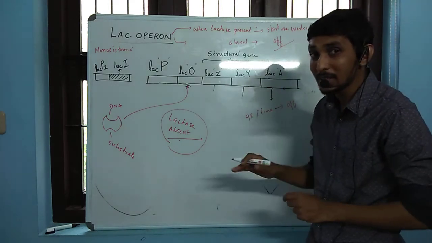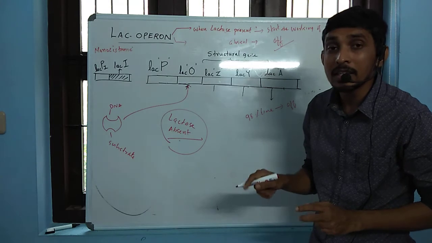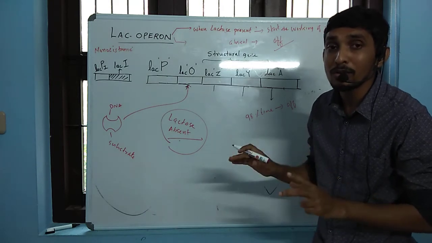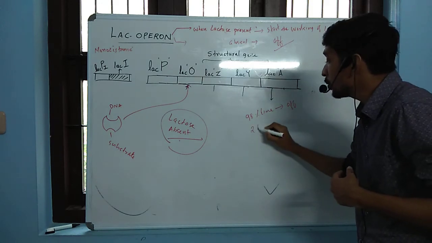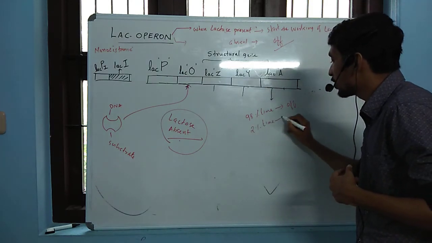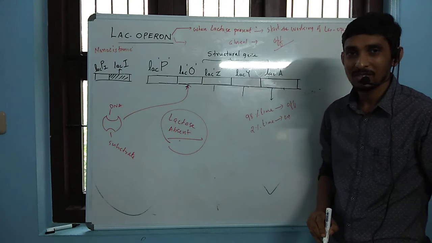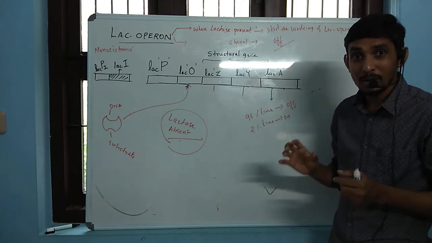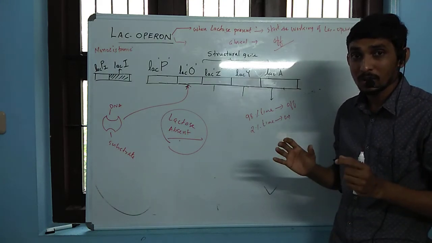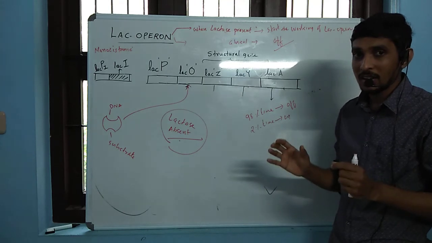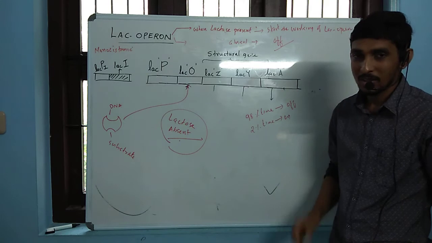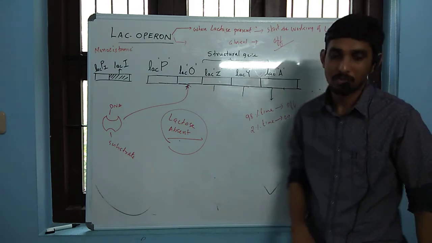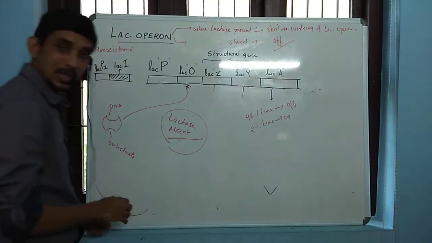When lactose is absent, 98% of the time this operon is off, which indicates that 2% of the time this operon is on. How does this operon get started or turned on in 2% of the time? The answer is when lactose is absent.